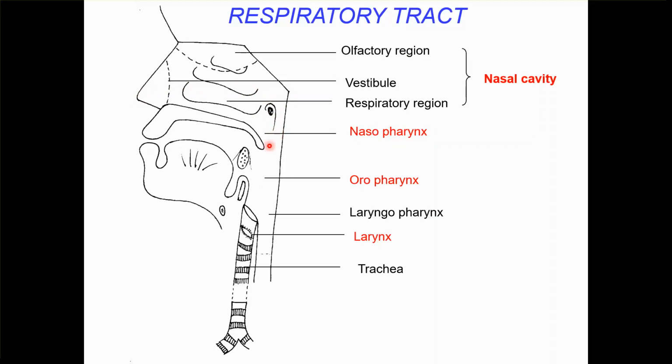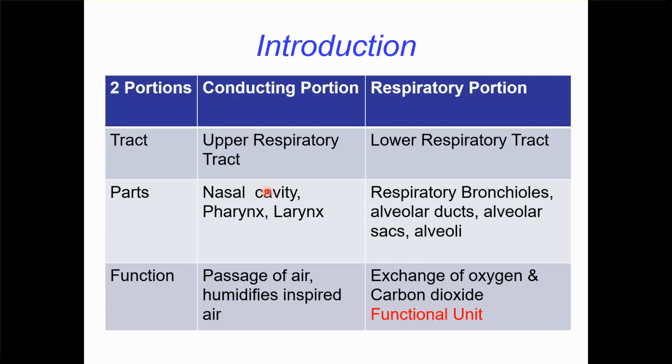Then it enters into the oropharynx. From there the air has to enter into the larynx and then into the trachea. Whereas the oropharynx is common for both the respiratory tract and the oral cavity.